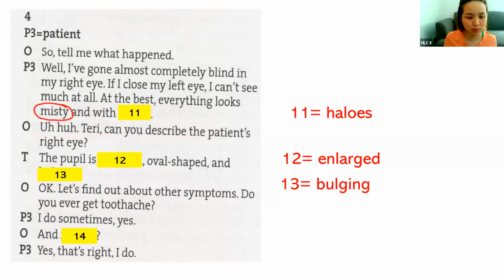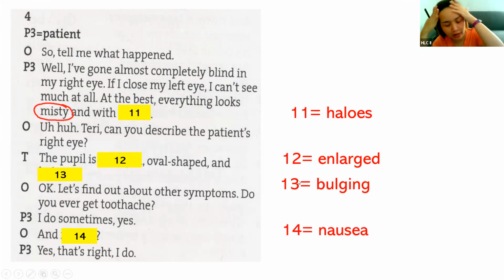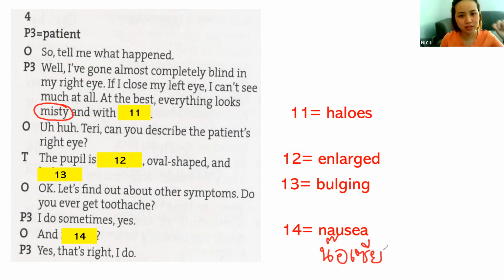Other symptoms. Okay, one more symptom that this patient has is nausea. Nausea, which means when you are having a headache, you want to vomit นะคะก็คืออยากจะอาเจียนมีอาการคลื่นไส้. Okay, so how to pronounce it? Nausea. The stress is on the first syllable. No, and then sea, because you can see the word sea, which means ทะเล.